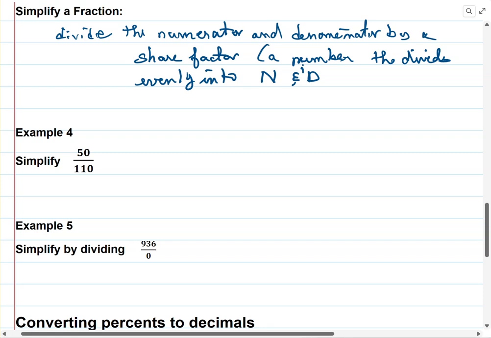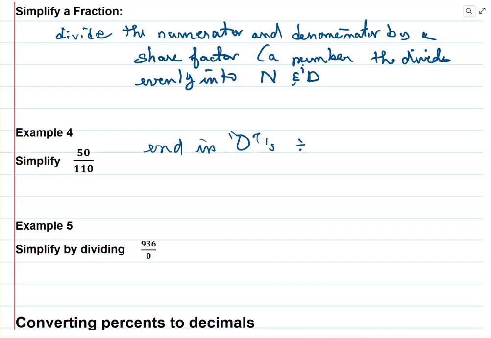All right. So the ones that you have on this exercise are easy. We know they end in zeros. Therefore, we're going to divide by 10. And that makes it a 1 right there. Now, if I divide by 10, I get a 5.